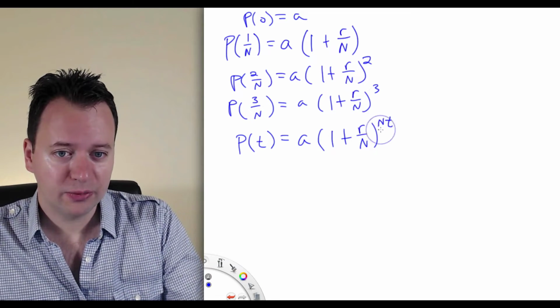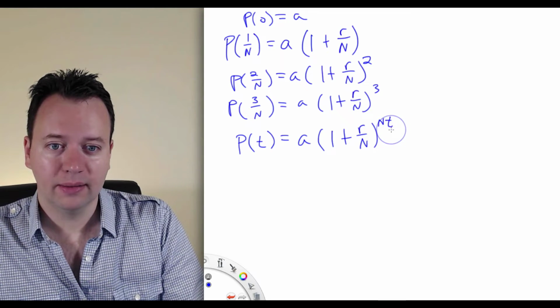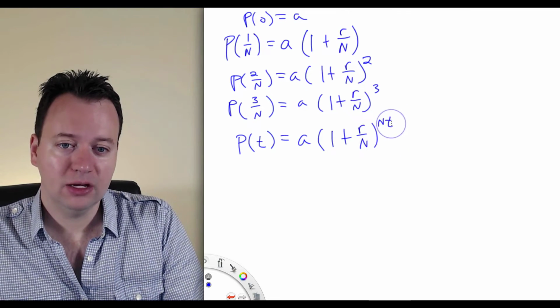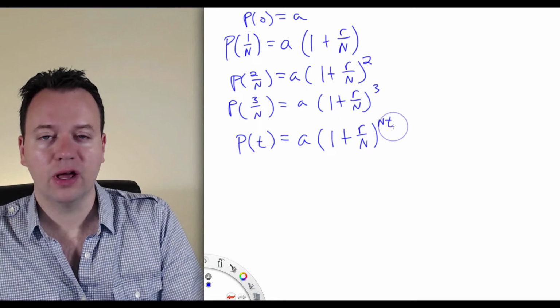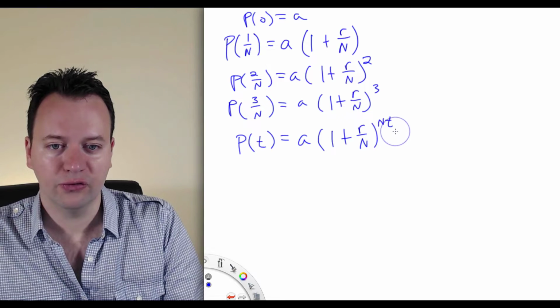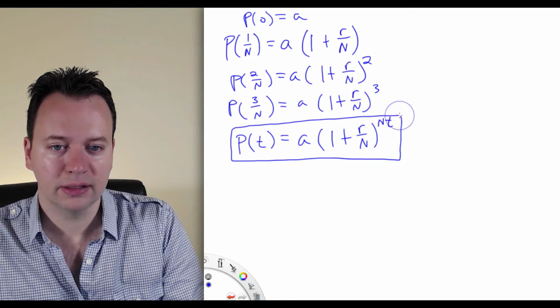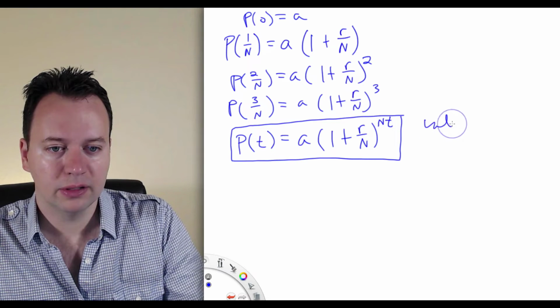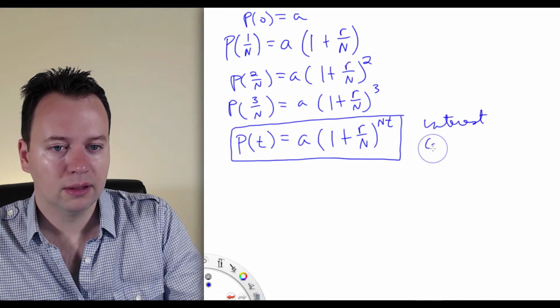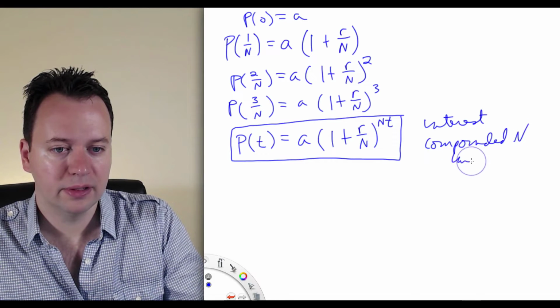So whatever this exponent is, it should equal n when t is equal to 1. Similarly, if t is equal to 1/2, we should have compounded interest n over 2 times, so the exponent would be n over 2 and so forth. So this is the formula for interest compounded n times per year.